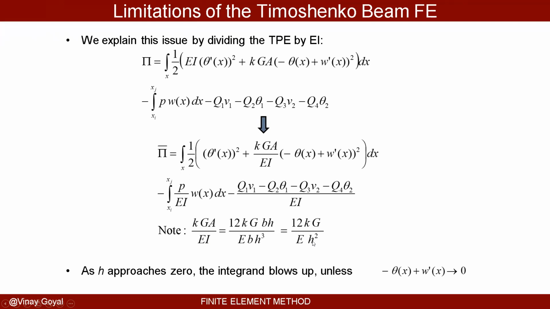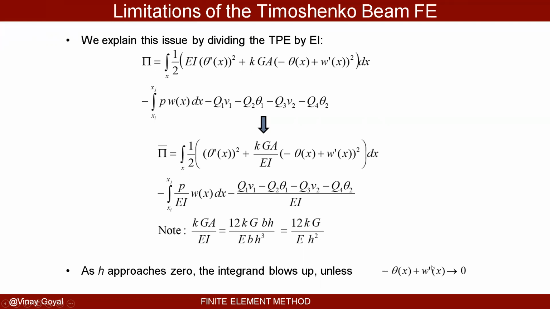Notice that when H becomes really small, which means I have a thin beam, this ratio blows up basically. So as H becomes thin, this ratio blows up. And unfortunately, that's what's multiplying this here. The only way that pi cannot blow up is if this coefficient was 0.